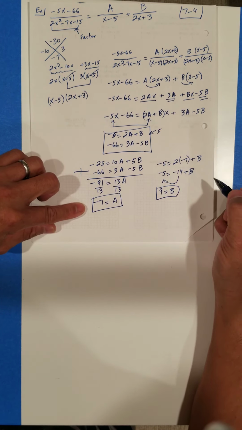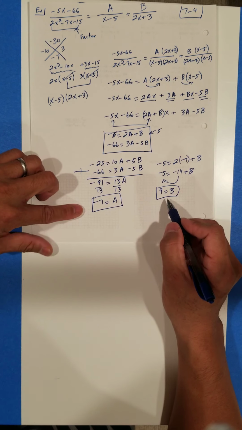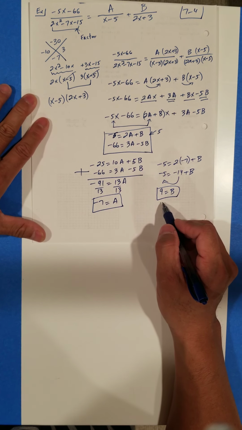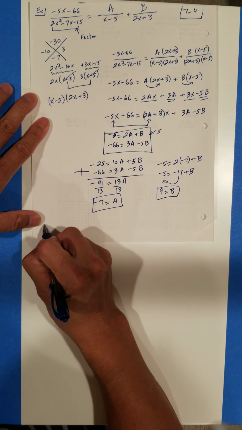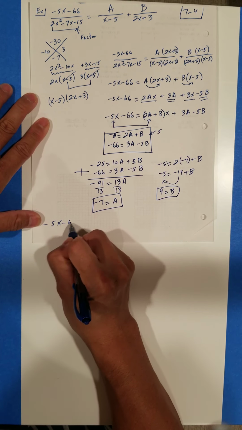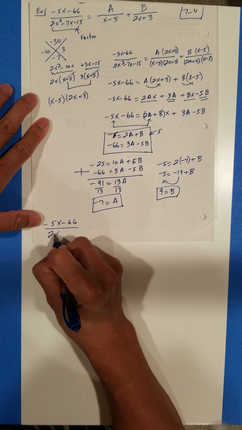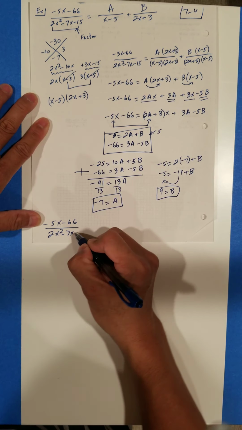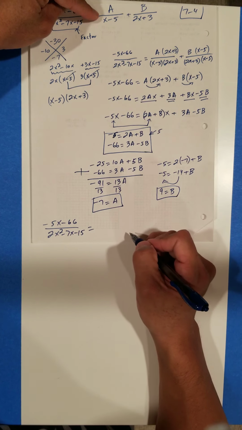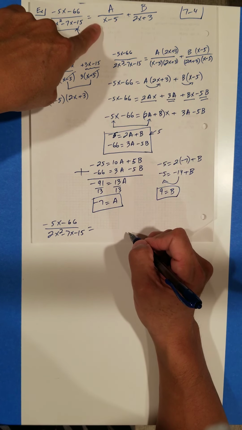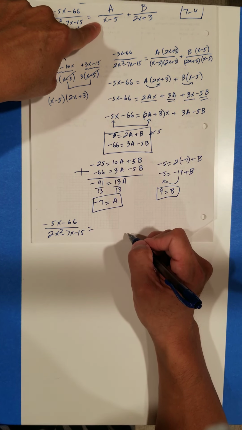There you go. Now that you found a, now that you found b, doesn't mean you're done. You have to put it in the right place. So originally, remember, is negative 5x minus 66 over 2x squared minus 7x minus 15, equals. Now look up there. When we broke it down originally, we said a over x minus 5.